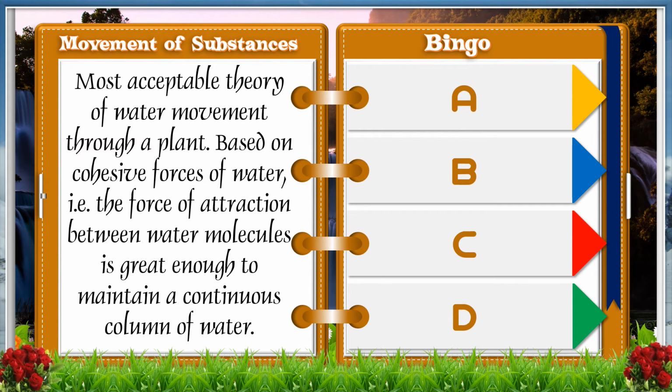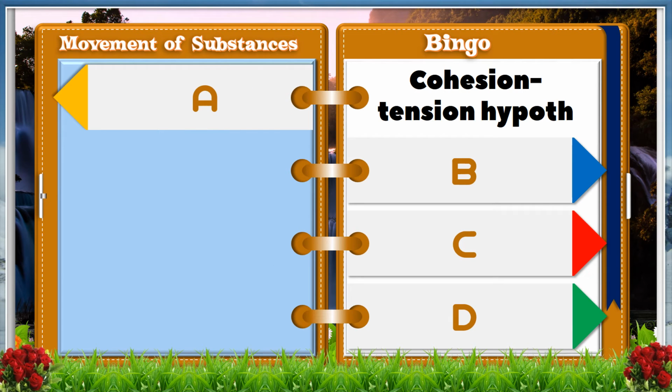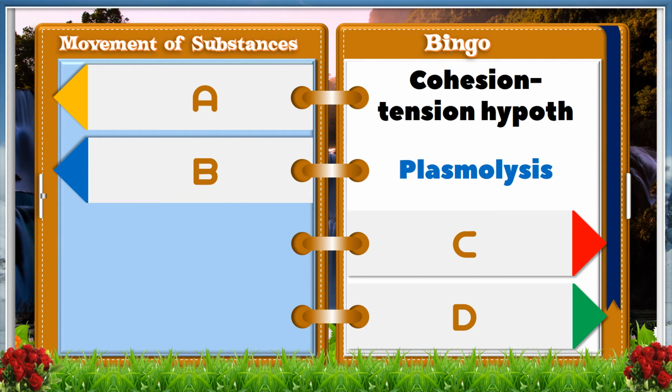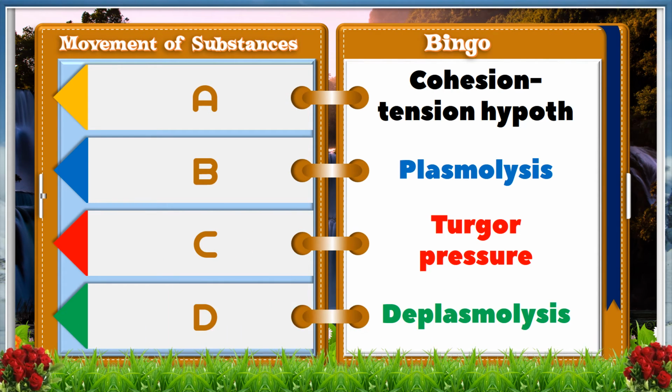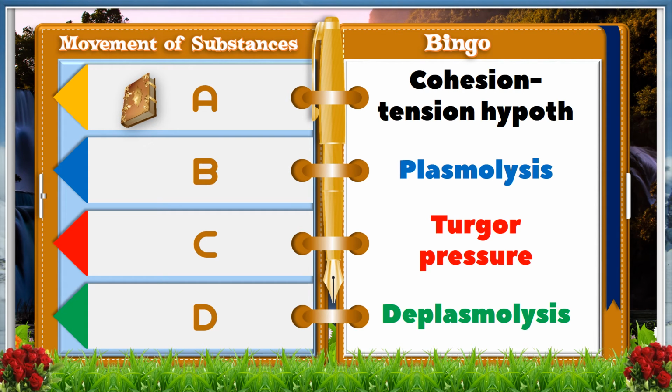A. Cohesion-tension hypothesis. B. Plasmolysis. C. Turgor pressure. D. Deplasmolysis. And the answer is A. Cohesion-tension hypothesis.